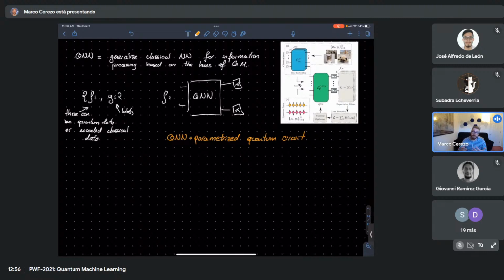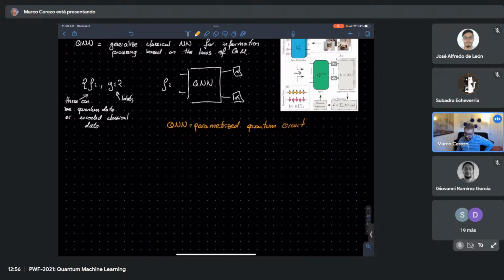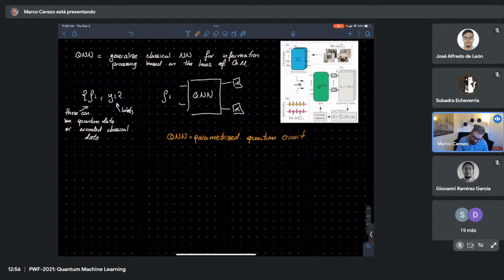And in the near term, parameterized quantum circuits are the way in which we think about processing information in a quantum computer, right? So now the next question is, and let's follow this picture, we're going to perform a series of measurements.